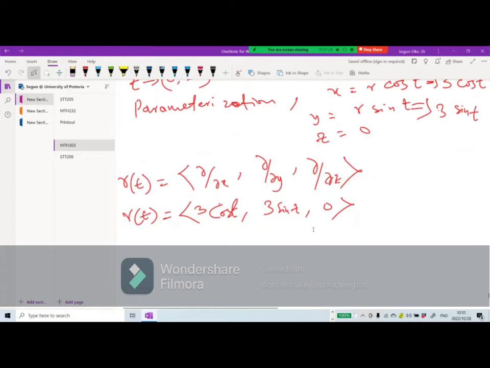So if you now want to differentiate with respect to t, we have r prime of t equal to, when you differentiate cos, you have minus sine. So you have minus 3 sin t, comma. Then differentiate sine, you have cos, 3 cos t, comma. Then if you differentiate 0, you still have 0.